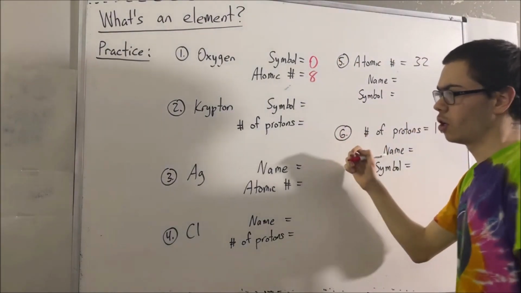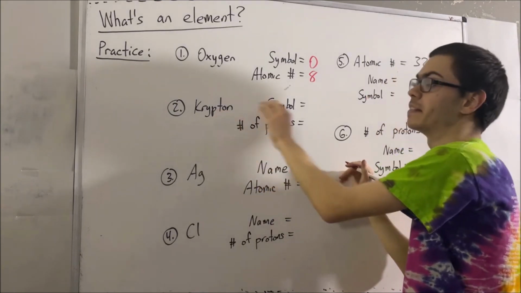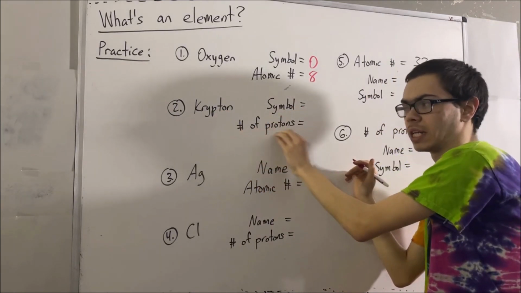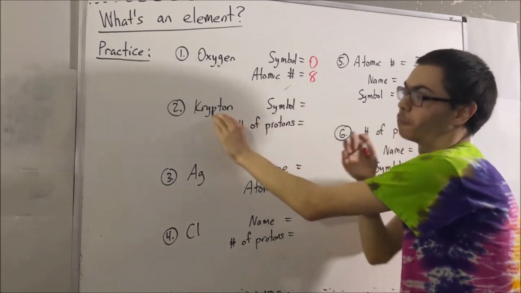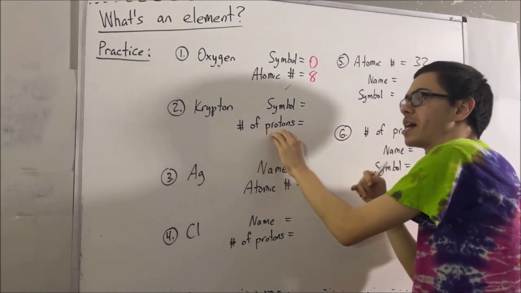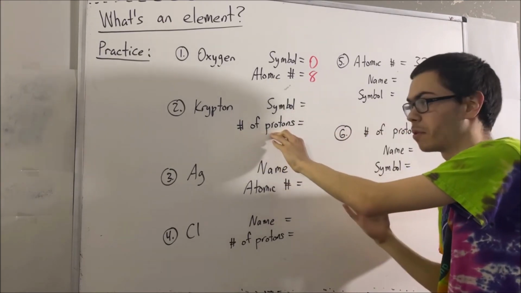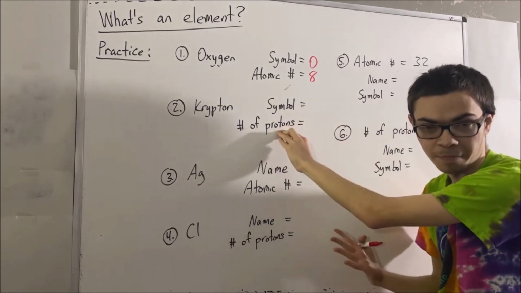Question 2. We're given that the name of our element is krypton. We want to find the symbol and the number of protons, right? And we really mean the number of protons in an atom of krypton. But remember, the number of protons is the same thing as the atomic number. So really, all we're looking for is the symbol and the atomic number.